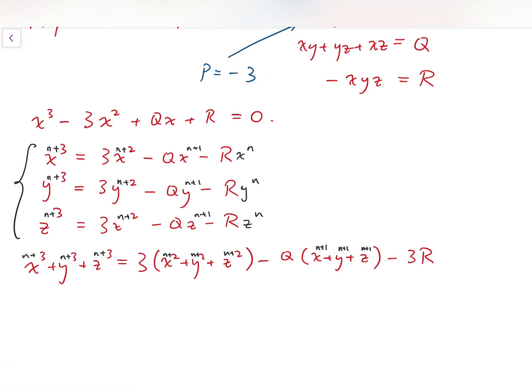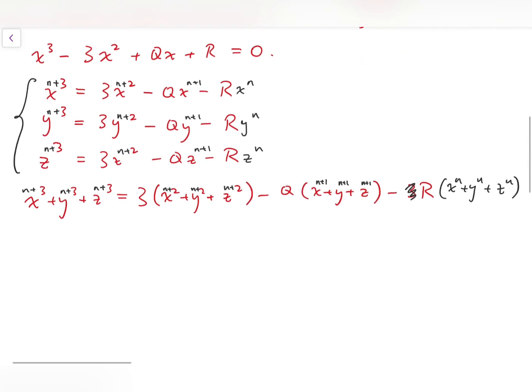But now be careful that we are not having 3r, we're having r times the sum of n powers. It's just that for the cube case, we have r times x to the power 0, y to the power 0, z to the power 0, and they are all 1. So then we have 3r at the end.